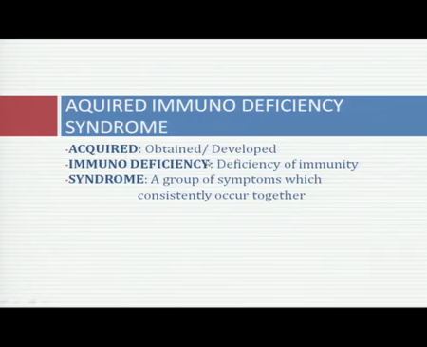It was not innate, it was not something with which the person was born. It is an acquired deficiency of immunity, and it leads to a group of symptoms which consistently occur together. So, this is acquired immunodeficiency syndrome.